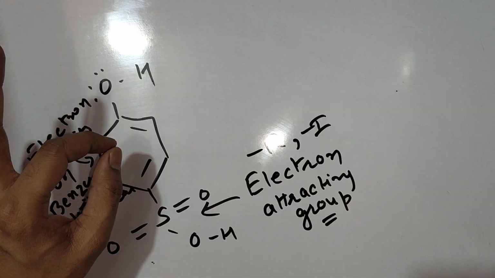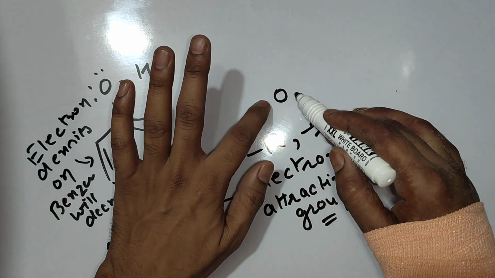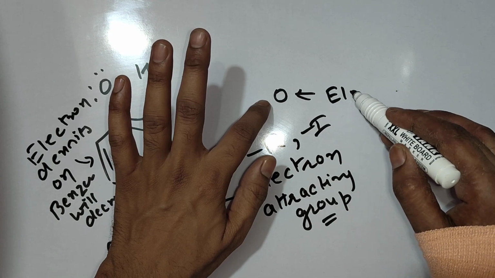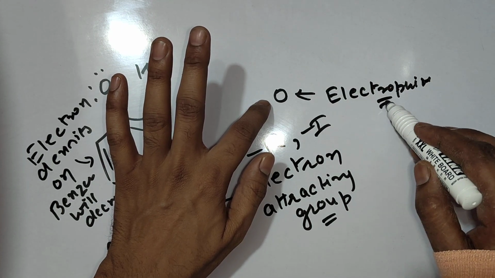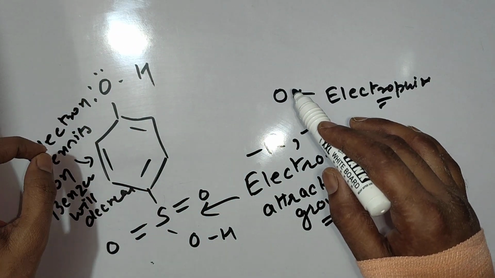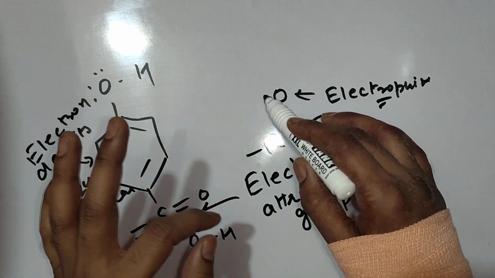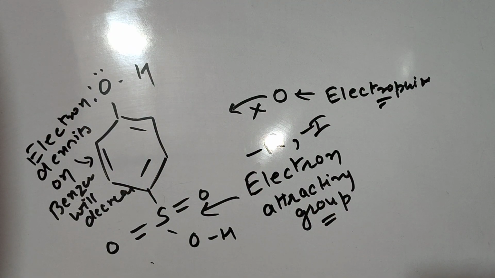If electrons are decreased on the benzene ring, the nascent oxygen, which is an electrophile, wants electrons. For electrons, it was attacking the benzene ring, but now the electron density on the benzene ring is decreased. That's why it will not prefer to attack it. This is what the sulfonic group is doing.